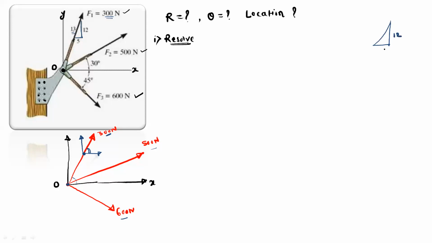This is 12 and this is 5. So from this we can find the angle theta for the first force. Tan theta is equal to the opposite side divided by the adjacent side. So theta will be tan inverse 12 upon 5, so it is 67.38.